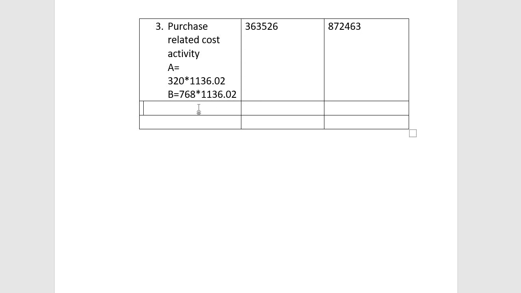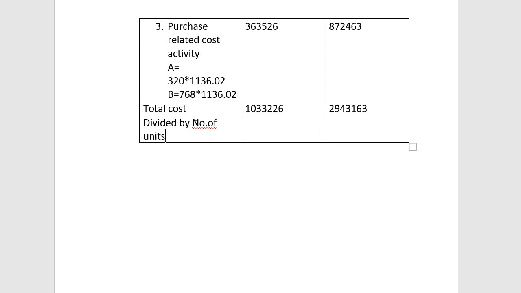Now we can make a total cost here. We have only 3 activities here. The total cost will be 10,33,226 for product A and 29,43,163 for product B, which is divided by the number of units. The number of units and number of output is the same.